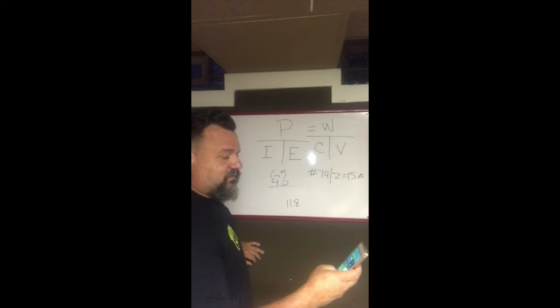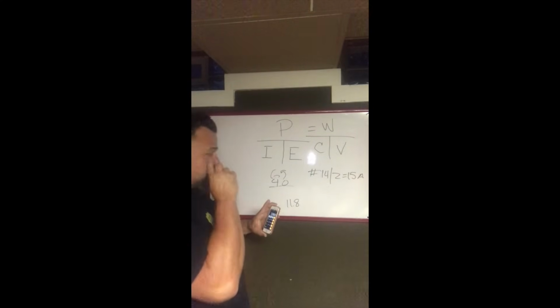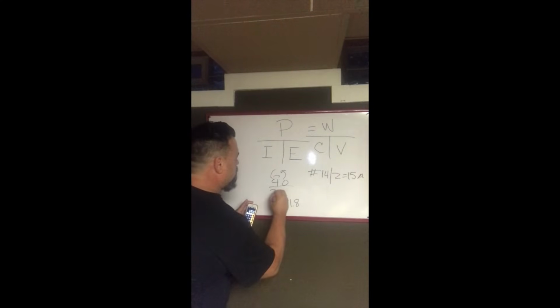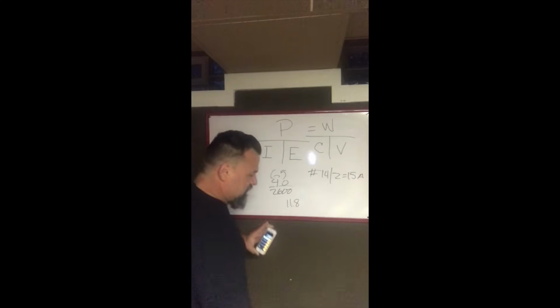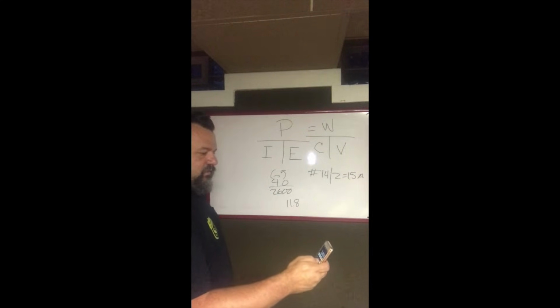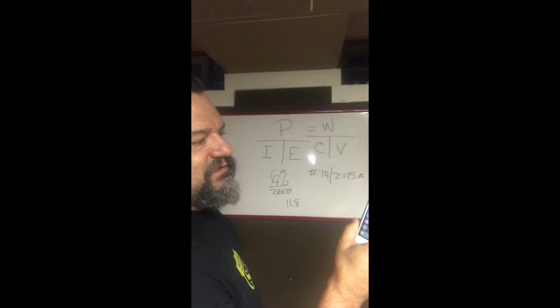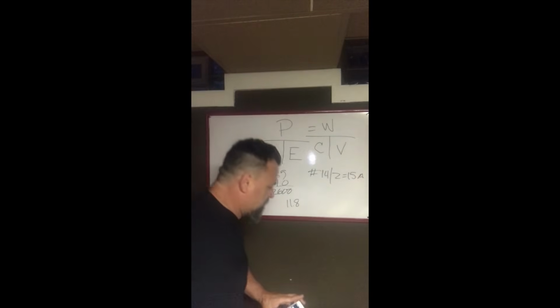Okay, clear that. 40 times 65 is 2,600 watts. 2,600 divided by my voltage, 110, equals 23.6 amps.